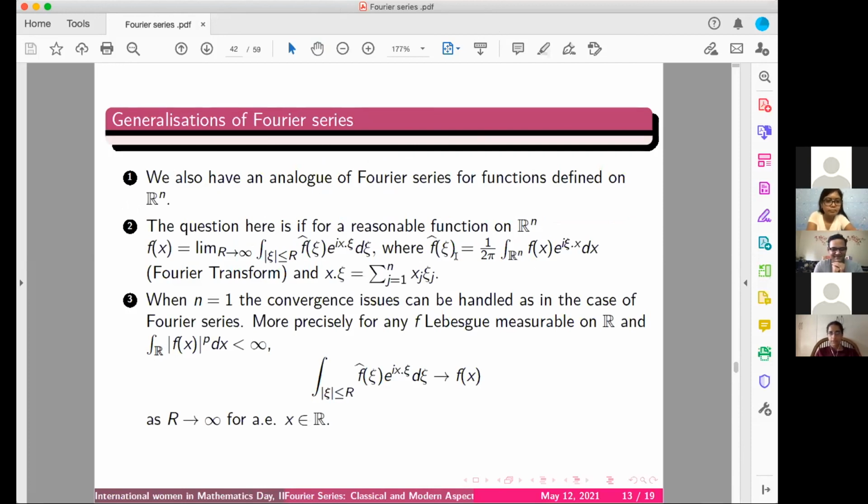Here it is a function because psi is varying over Rn. Then you take the Fourier transform, multiply it with the characteristic function of the ball of radius r, then multiply it with this exponential, then integrate. Here the summing means integrating. You cannot just sum discretely here, so you integrate.